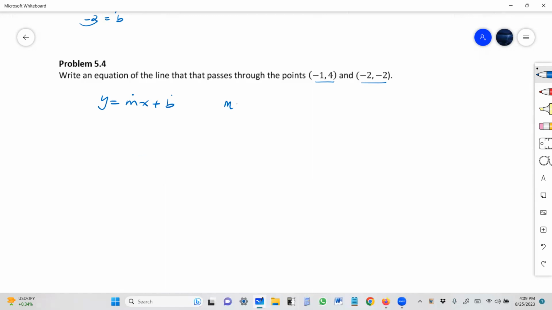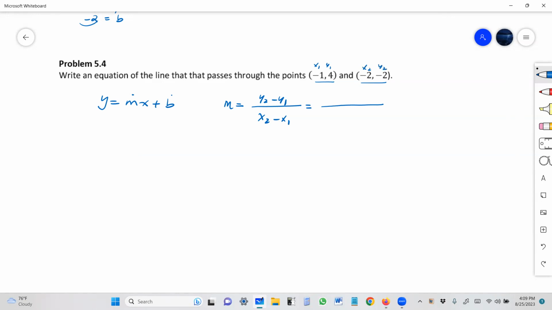So we have to remember that formula I gave you just a few minutes ago to find the slope between 2 points of a line passing through those 2 points. I am going to call this x1, y1. I'm going to call this one x2, y2.